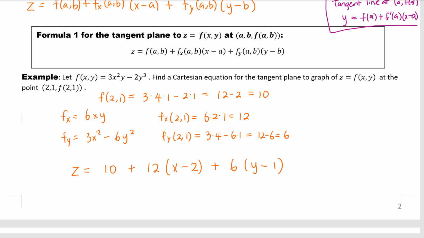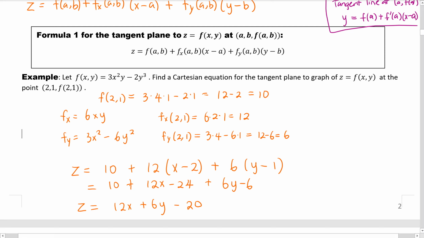So far, so good. Let's simplify it. Distribute it. 12x minus 24. 6y minus 6. So z equals 12x plus 6y. And what is the constant term? 10 minus 30 is negative 20. So far, so good, everybody?